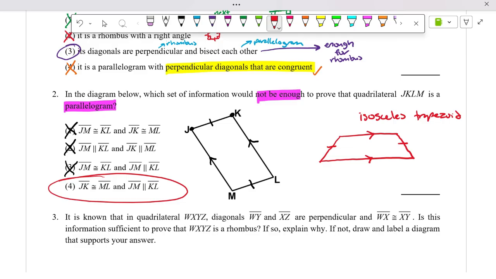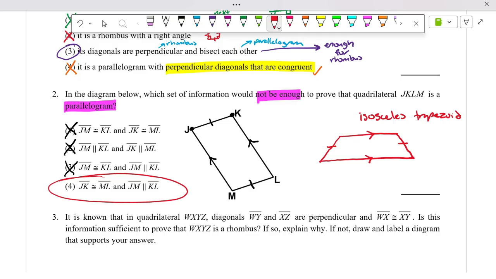Now, just because they're parallel, even though they're congruent, let's say that they weren't. So let's say that I shifted it or folded it. They're not congruent anymore.